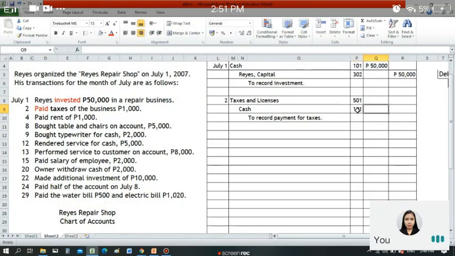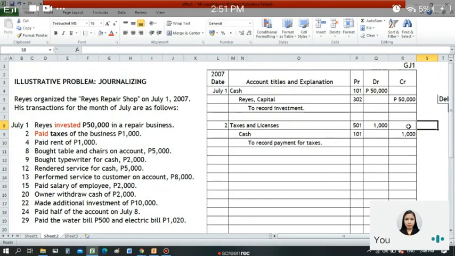So, the amount is 1,000. So, based on the transaction. Second, another rule. So, yung first debit and credit, amount lang ang may peso sign. So, the second journal entry or transaction, you don't need to write a peso sign.